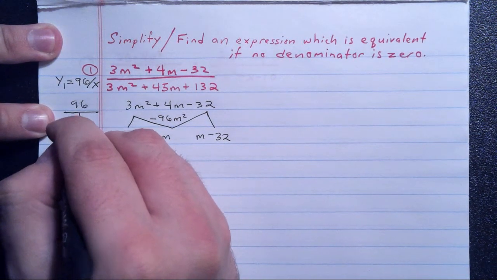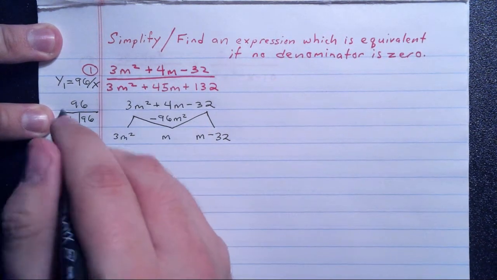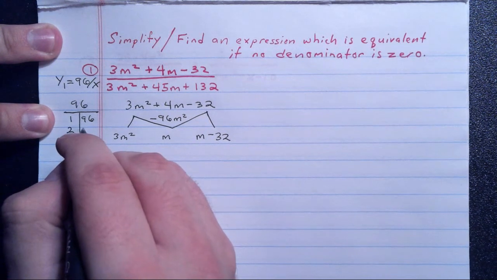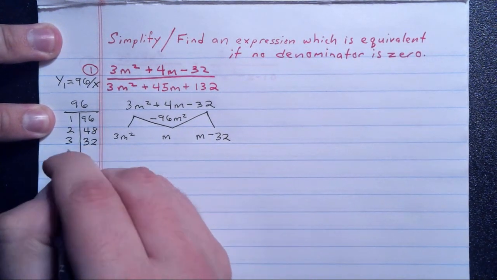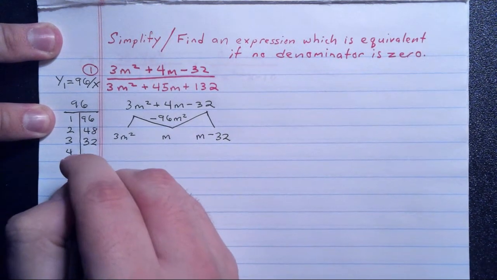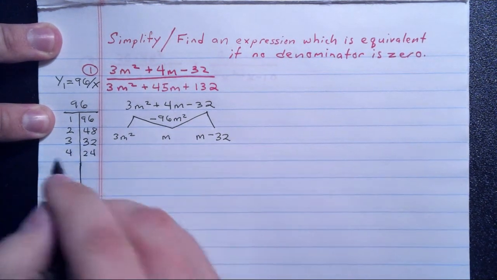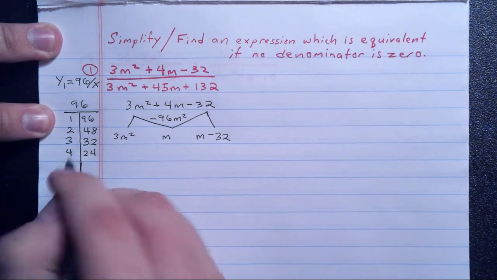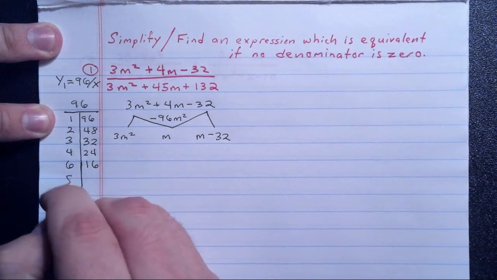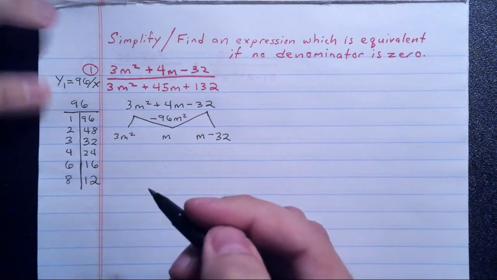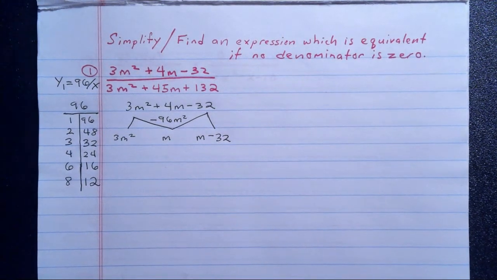So 96, the nice factorizations are 1 and 96, 2 and 48, 3 and 32, 4 and 24. 5 does not go into 96, so I can skip that. 6 goes into 96 16 times, and 8 goes into 96 12. And at that point, I've run out of nice factors.